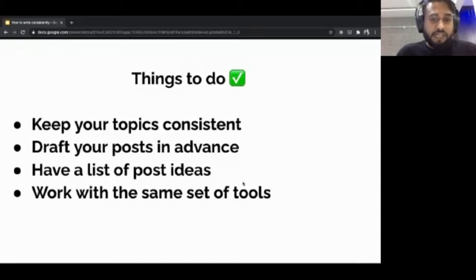Having a list of ideas keeps you from that void when you're not able to brainstorm new ideas. If you already have a list of ideas, you can take a look at it and start working on something, or start researching or start writing on it.